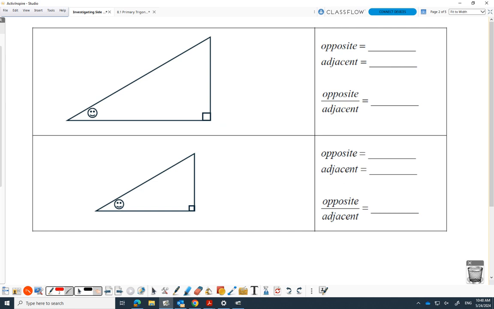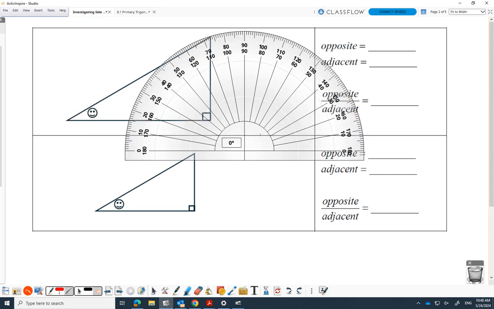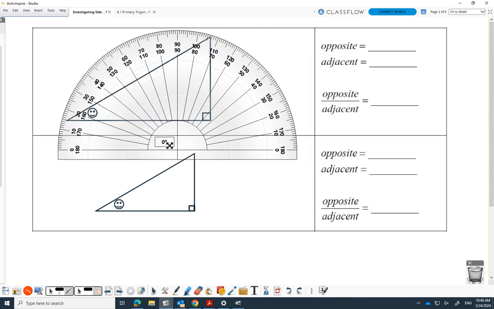Okay? Get out your protractor and measure the smiley face angle. Someone's already yelled out, spoiling it for the rest of you, that it's 30 degrees. How to use a protractor? Good.